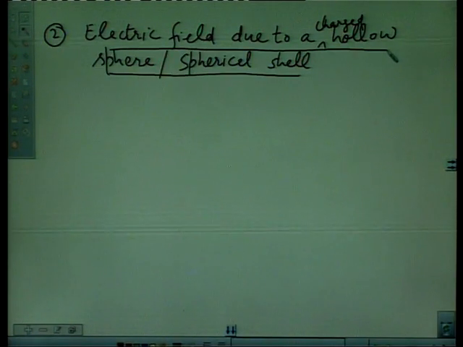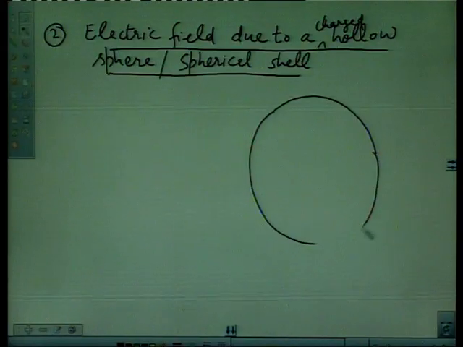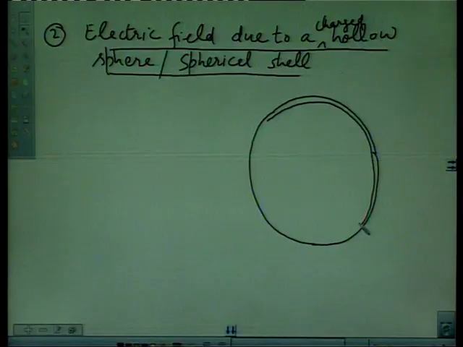Hollow sphere is empty from the inside. Let us draw. This is a hollow sphere.